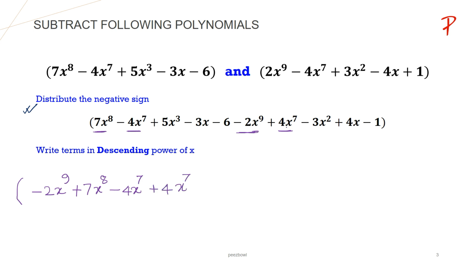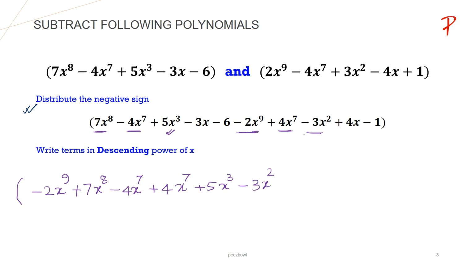After 7, the next lower power of x is 3 in the first polynomial, and in the second polynomial we do not have any term having x to the power 3. Let us write it down, plus 5x to the power 3. After that, x square, x to the power 2. In the first polynomial we do not have x to the power 2. In the second polynomial I see minus 3x to the power 2.